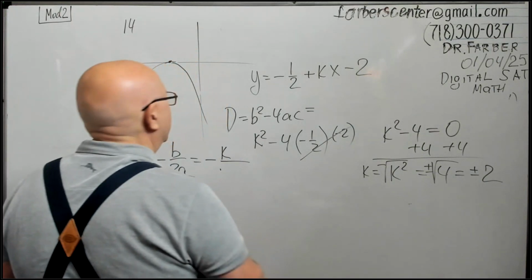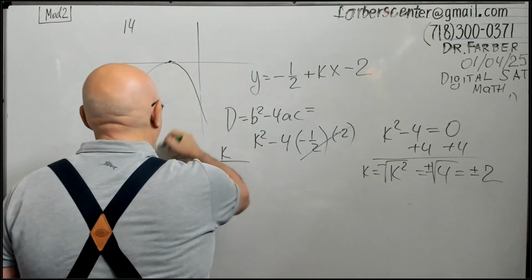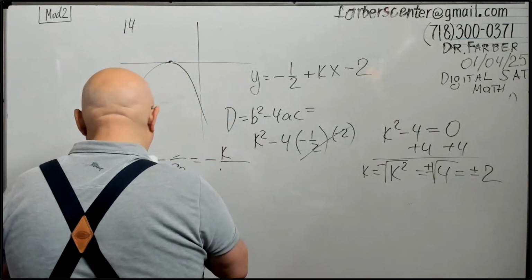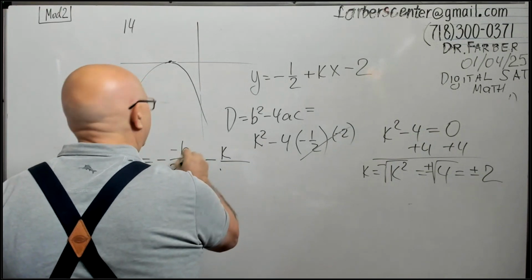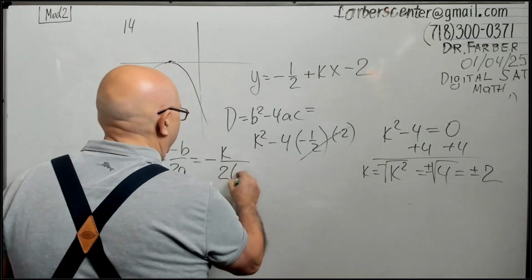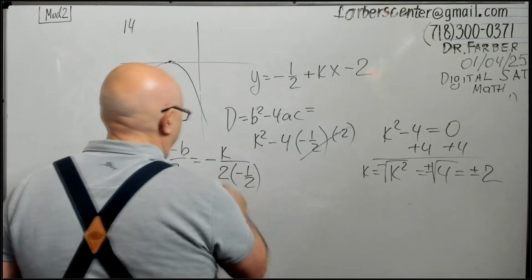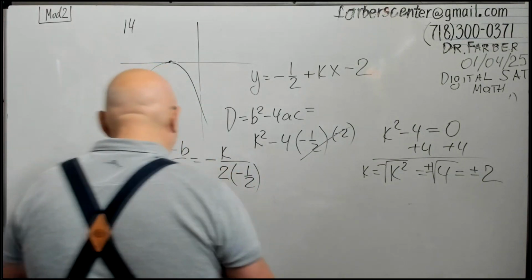Just a second. A or 2. Let me see what we have. Over to a. This would be what? Negative, negative, and you get what?